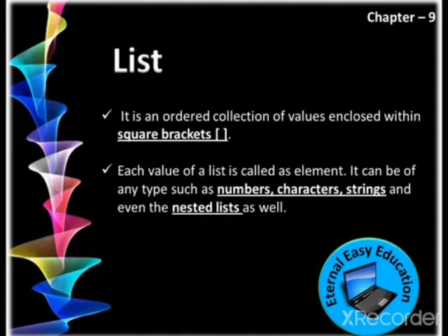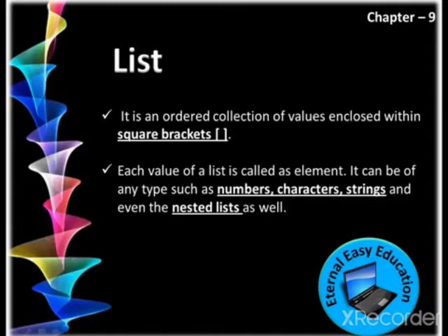Array is enclosed in square bracket. Here list is also a collection of values and it is enclosed within square bracket. Each value of a list is called an element. It can be of any type such as numbers, characters, strings and even a nested list.